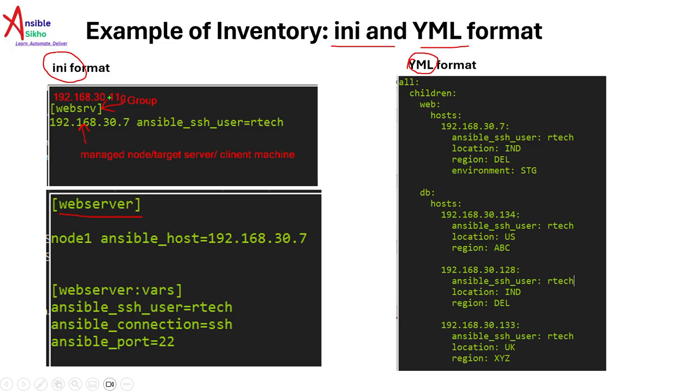So this IP will become an ungrouped host. Okay, this particular IP will become an ungrouped host because above this IP, I have not written any group. So it will become an ungrouped host.